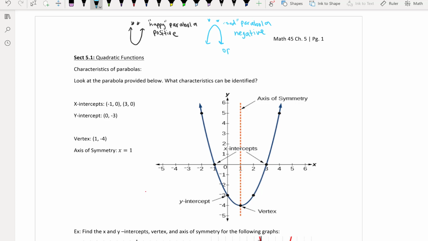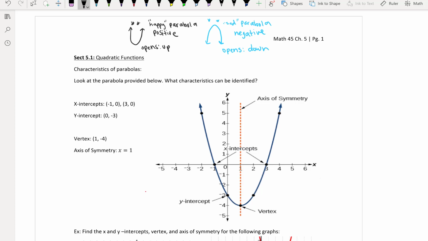I can also say that this parabola opens down when it's sad, versus this one, it opens upward, okay? So a happy positive parabola opens up. A sad negative parabola opens down. So those are some things that you can think about when you're thinking about a parabola.